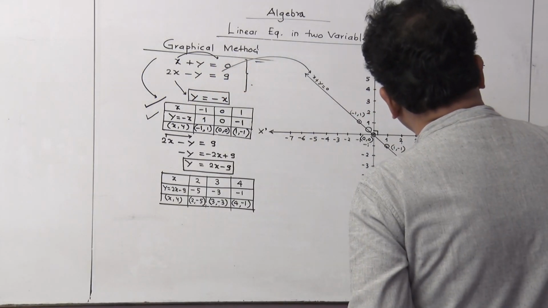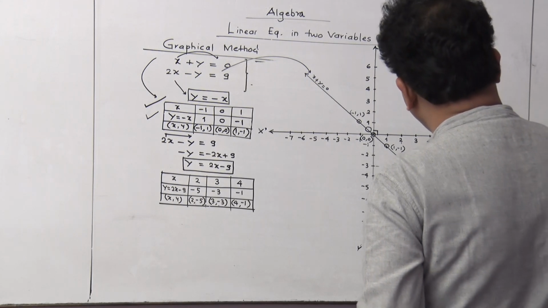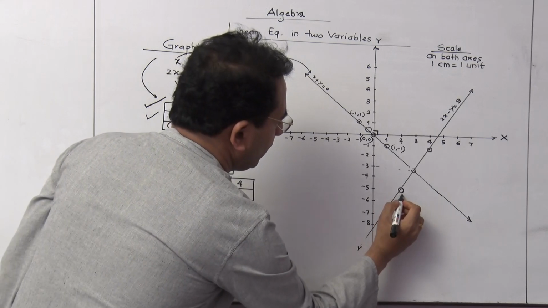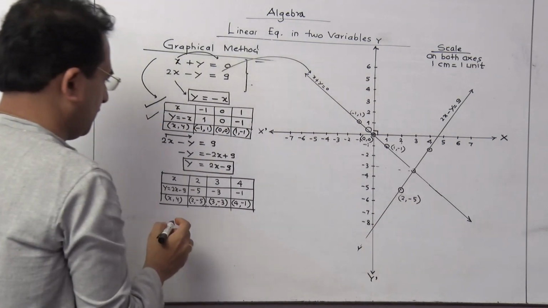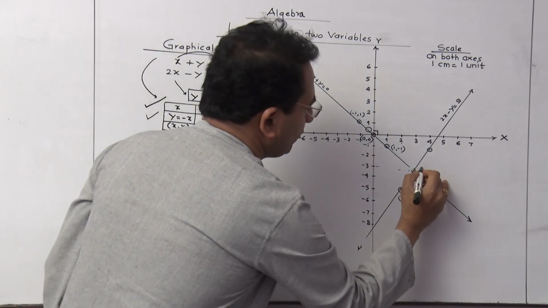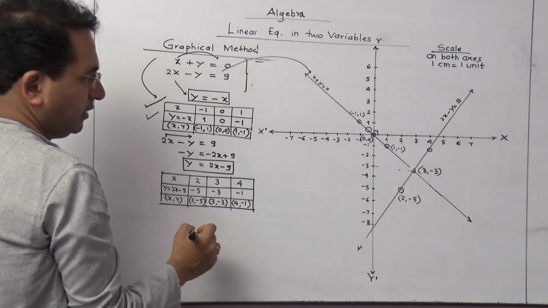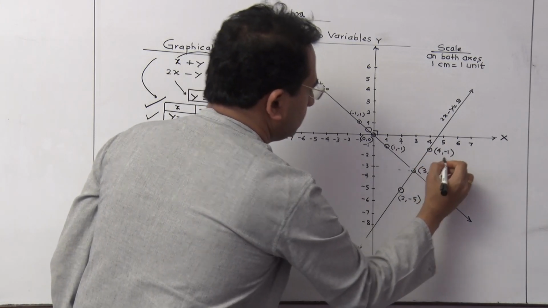It is going to be 2x minus y is equal to 9. Write the coordinates of this point. This point is 2, -5. This point is 3, -3. And the next point here is 4, -1.